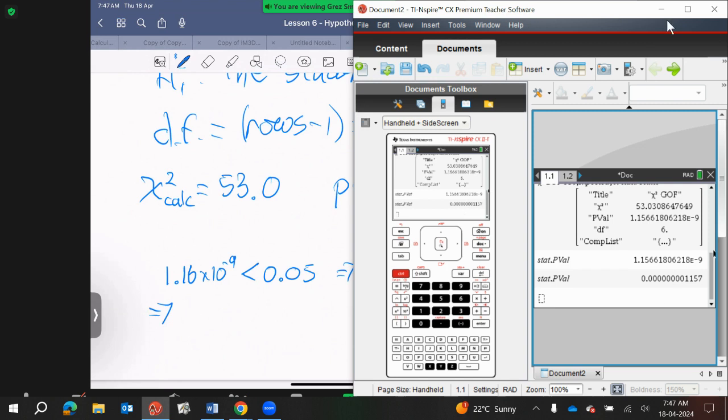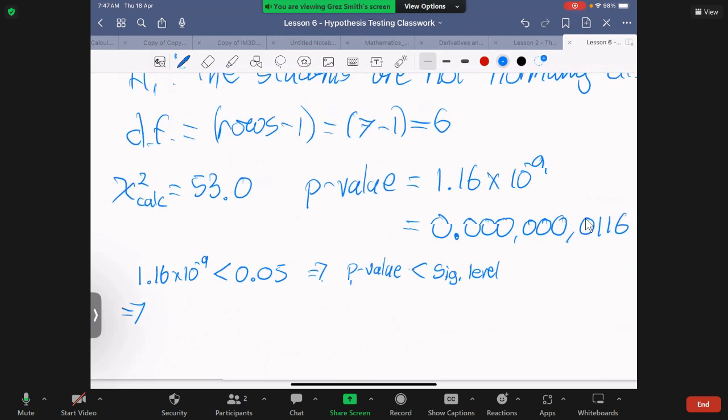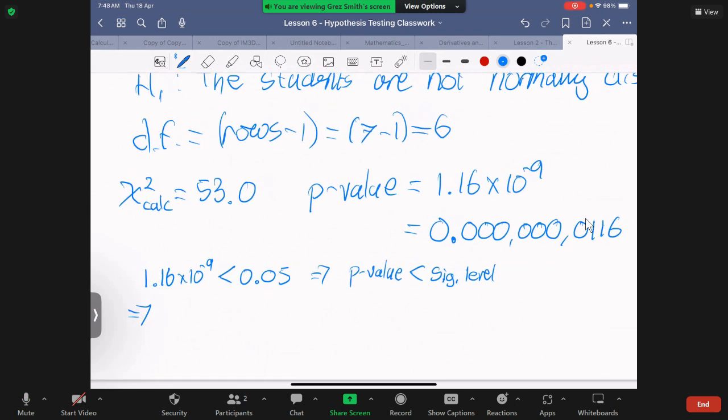Sorry, let me pop that out of the way. Let me just zoom on this one a bit better for you. There we go. If the p is low, reject the null. There is sufficient evidence to reject the null hypothesis.